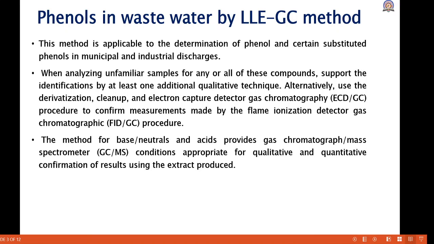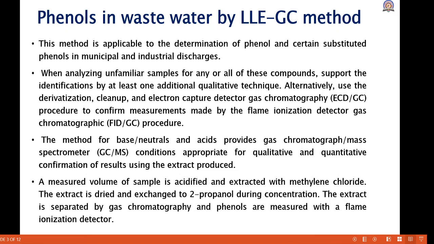The method for base, neutral and acids provides gas chromatograph or mass spectrometer conditions appropriate for the qualitative and quantitative confirmation of a result using the extract produced. A measured volume of a sample is acidified and extracted with methylene chloride.